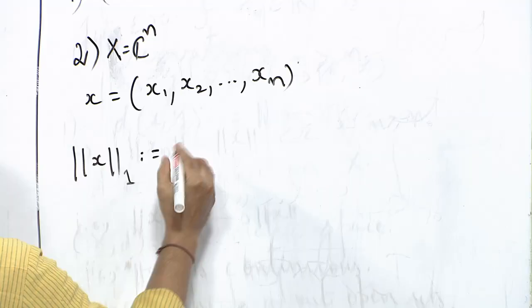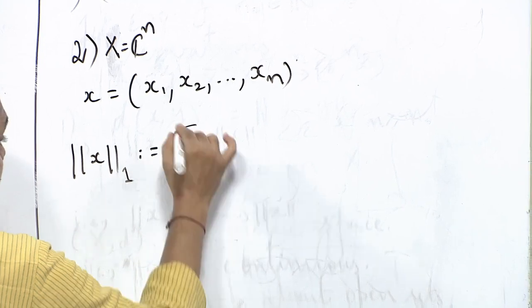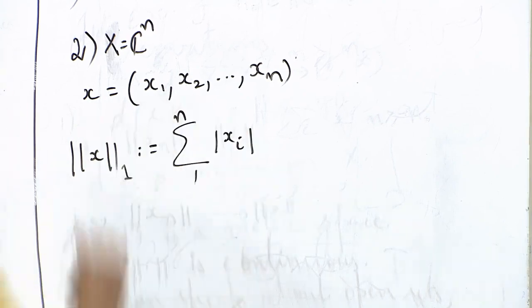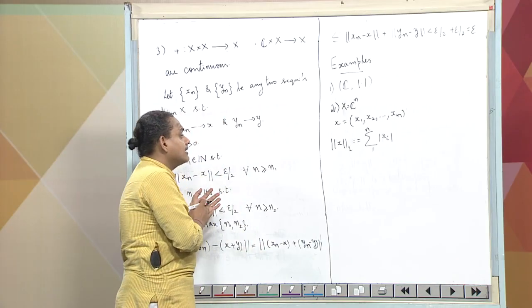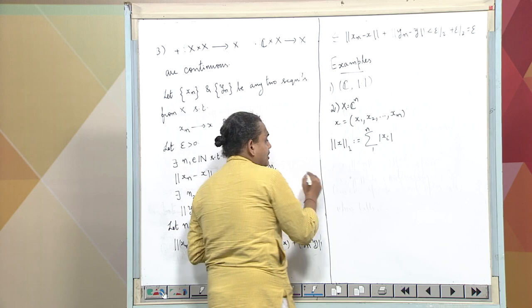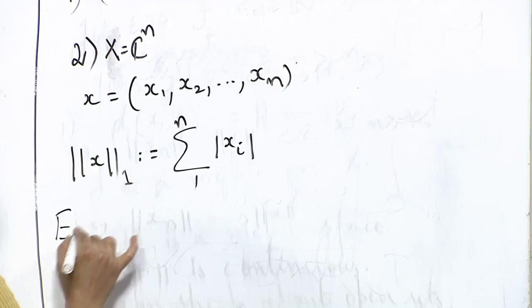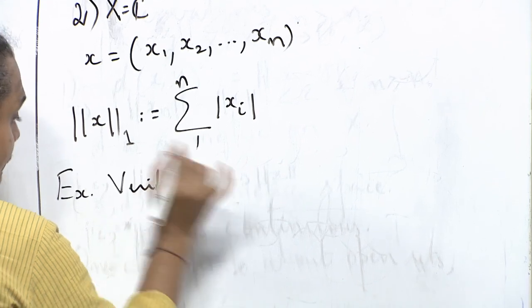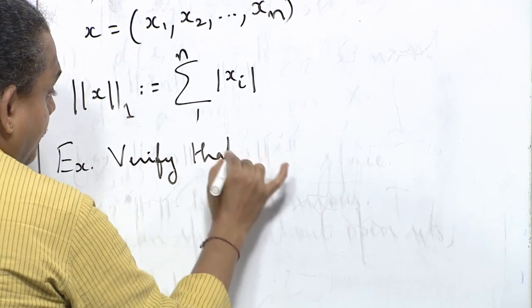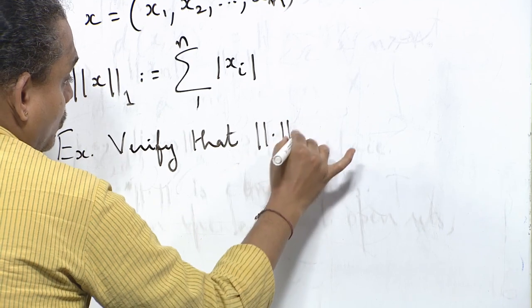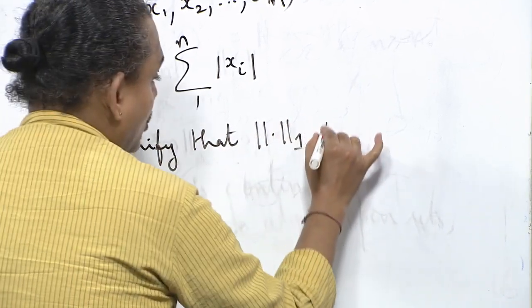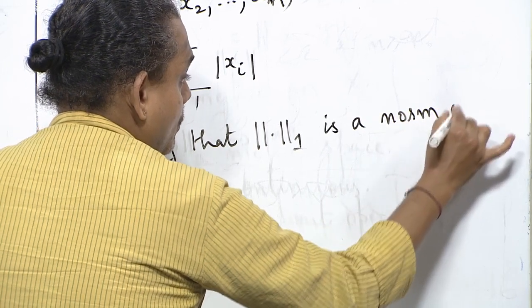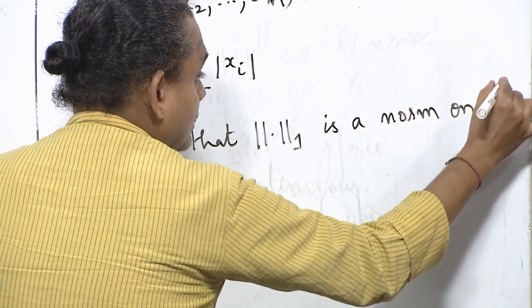Let me define it as the summation from 1 to n of mod x_i. In fact, it will be a good exercise at this stage, so I will leave it as an exercise to verify that this is a norm on C^n.